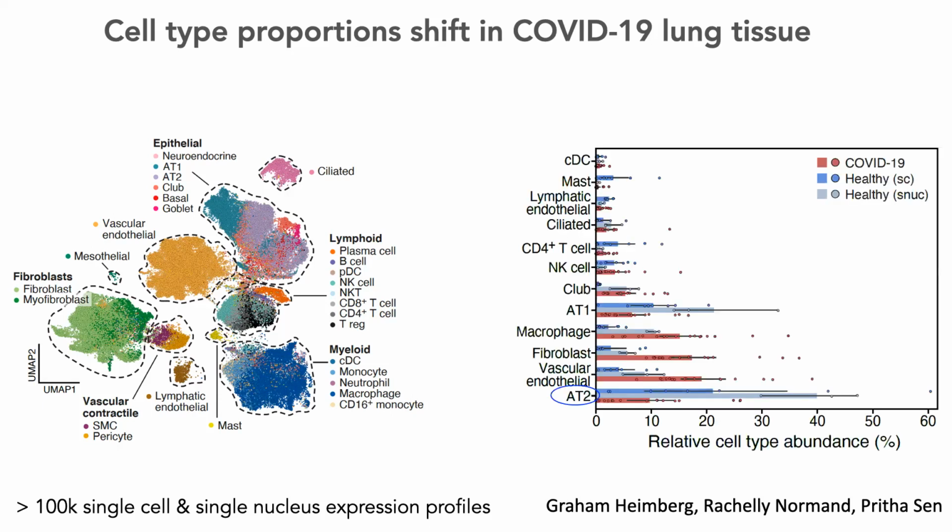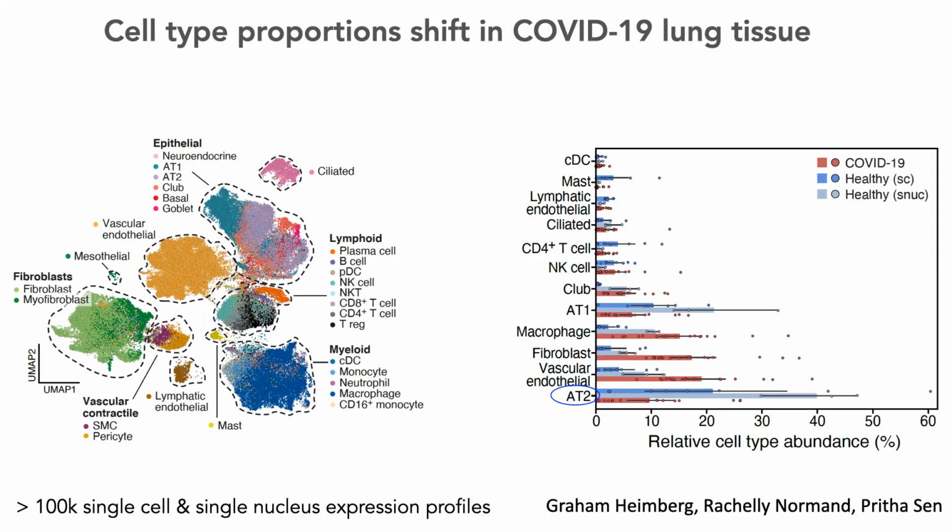But we also wanted to take a look at the cellular proportions of COVID-19 lungs. For this analysis, we compared our COVID-19 lung data, again, to other single cell and single nucleus RNA-seq data sets of healthy deceased donors. Here what I'm showing on the right is the mean and 95% confidence intervals of cell proportions in the COVID-19 lung, which are the red bars, or the healthy lung in the blue bars.